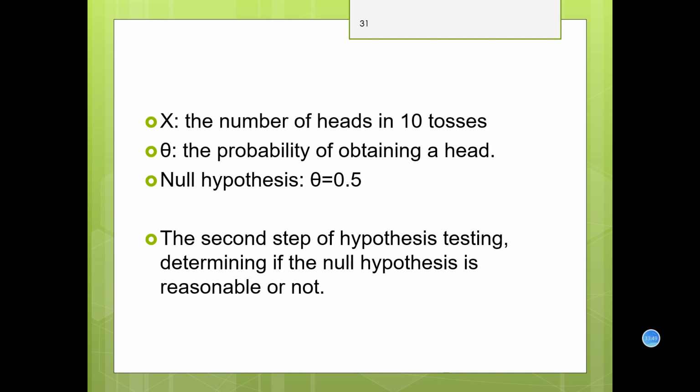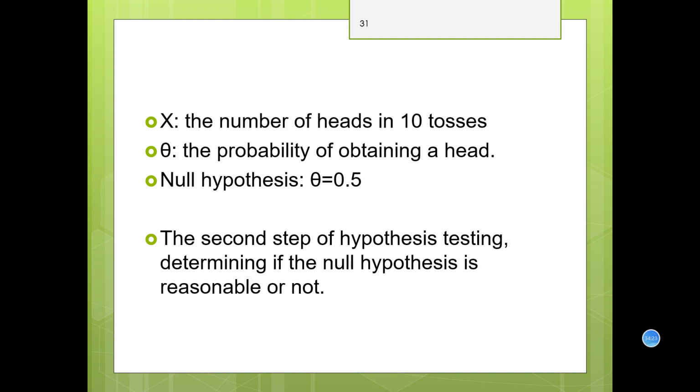That means if the coin is fair, in one toss, what is the probability of obtaining a head? Yes. If the null hypothesis is true, theta should be equal to 0.5, right? Because the coin has only two sides. So if the coin is fair, theta must be 0.5.